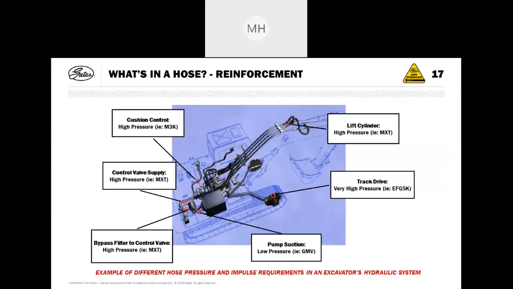Pump suction is obviously going to be working in a suction application from the tank to the pump. And then the track drives. Now these are very high pressure. As you can understand, the fluid needs to have enough pressure to move the motor to get the machine to move. So every part of the machine has different applications for different styles of hoses and the different pressure ratings that they need.